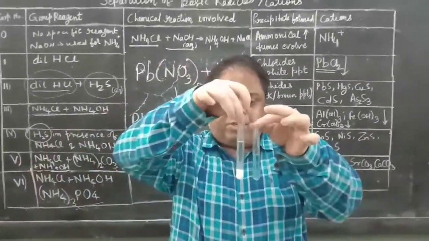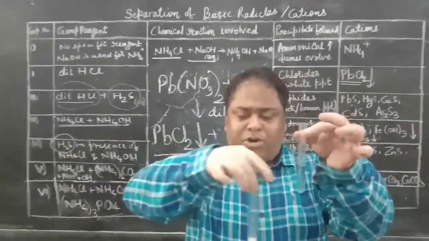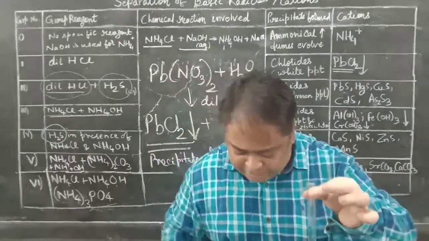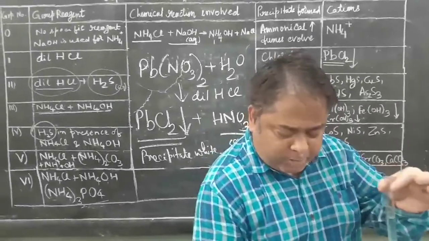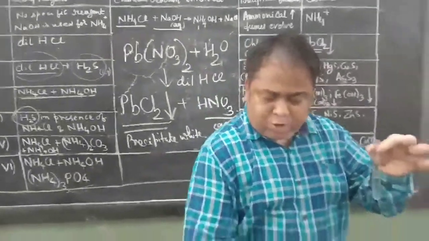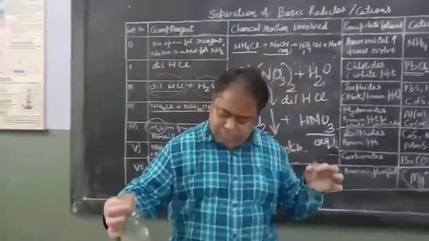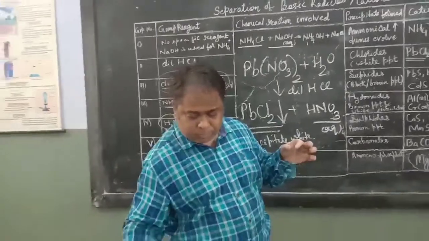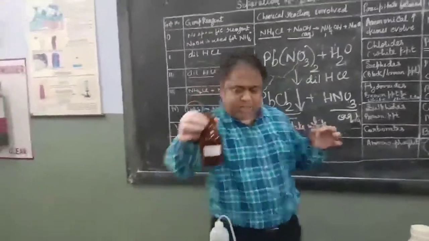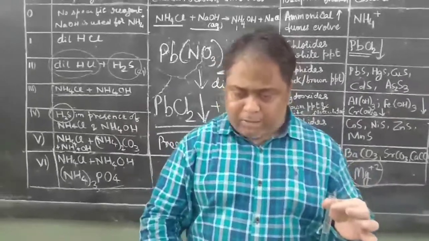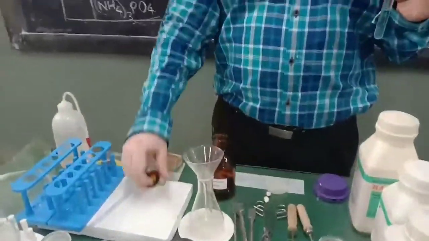No white precipitate is formed. That means it does not contain group 1, it contains group 2. Now what is the next standard procedure to be done? The next standard procedure is to put H2S in it. Now this contains hydrogen sulfide solution, H2S gas dissolved in water.